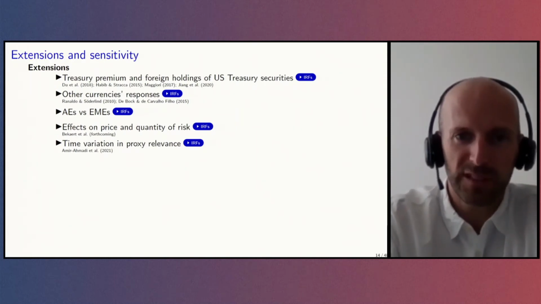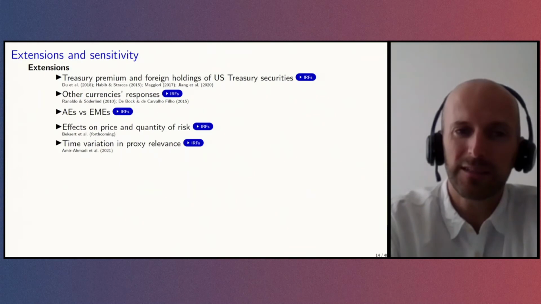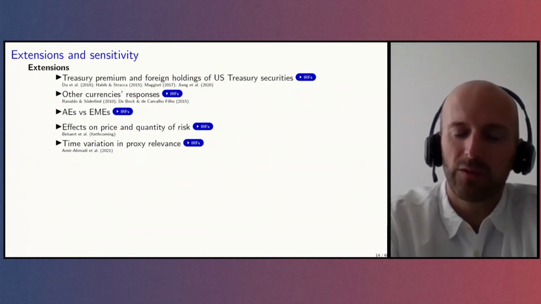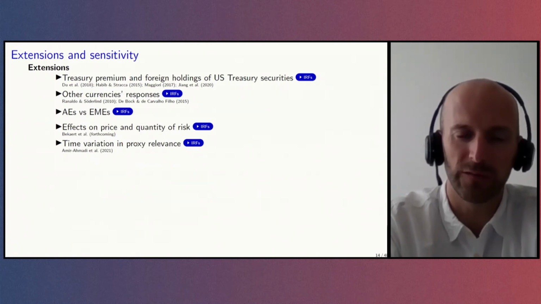The first extension relates to the response of the treasury premium and foreign holdings of treasury securities. This is interesting because the theoretical literature, Du and others have a paper in the Journal of Finance, argues that US Treasury securities carry a convenience yield, which is a non-pecuniary return for investors holding these assets, for example, because US Treasury securities provide liquidity services.